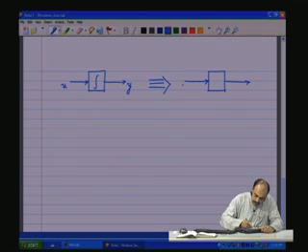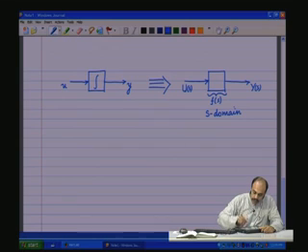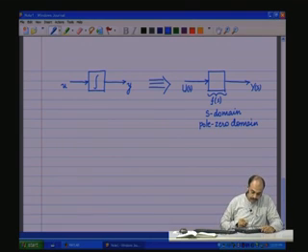So, u should now be a function of S, the output y should become a function of S, and this also should become a function of S. Then we say that this is in the S domain or the Laplace domain or the pole-zero domain.